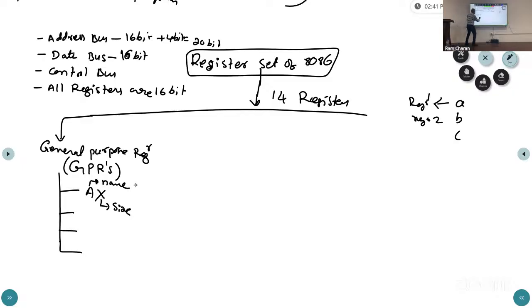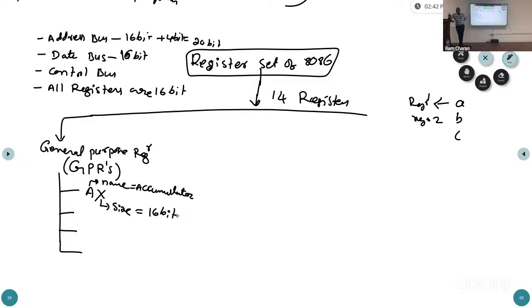Here the name is accumulator. A is accumulator. X indicates 16-bit. So it is the first register. This is also called the processor register. The processor uses the AX accumulator by default for every operation.